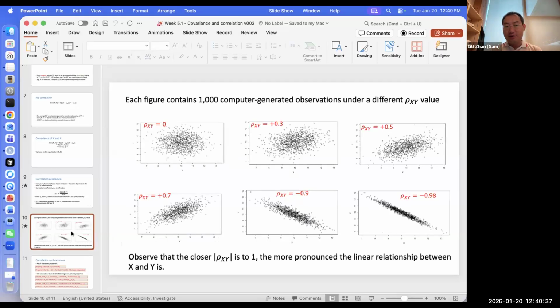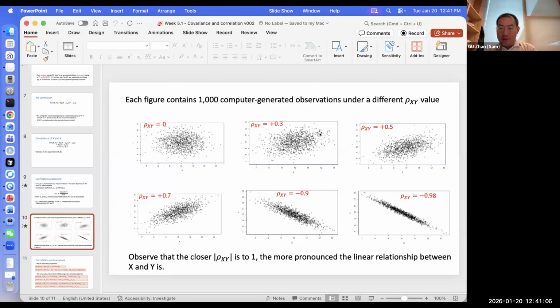Here are a few figures showing two random variables on the x-axis and y-axis, the values X and Y can take. There are 1,000 dots, 1,000 measurements or data points in each graph. For the first graph, if you calculate it, rho is near 0, so there is no linear correlation.